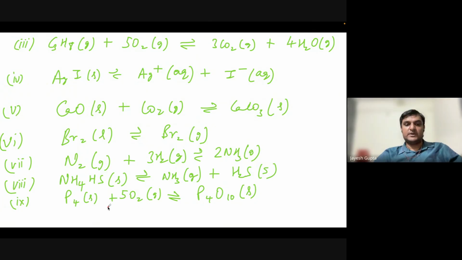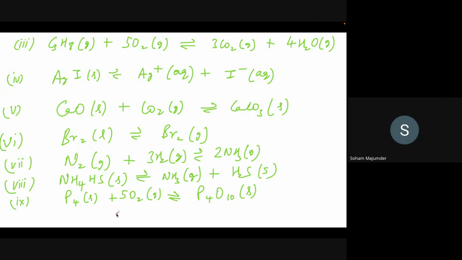Kp and Kc you have to tell. Okay, so you tell. Sir, Kc is 1 by concentration of O2 raised to 5 and Kp is 1 by partial pressure of O2 raised to 5. Very good.